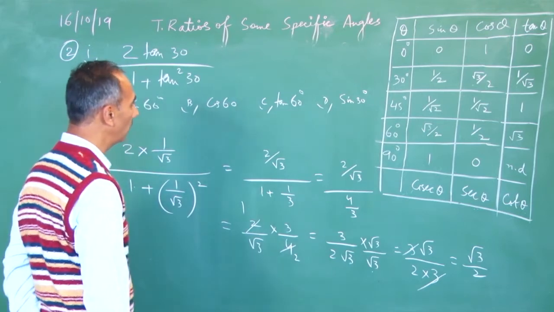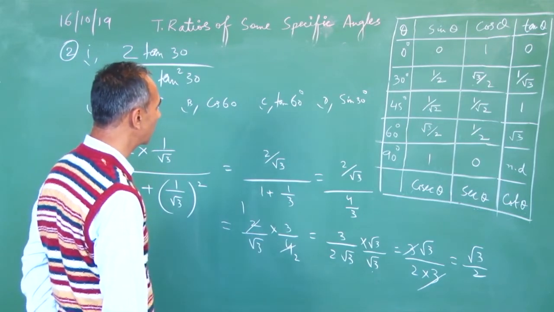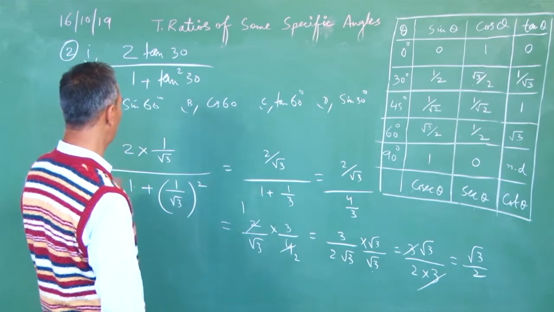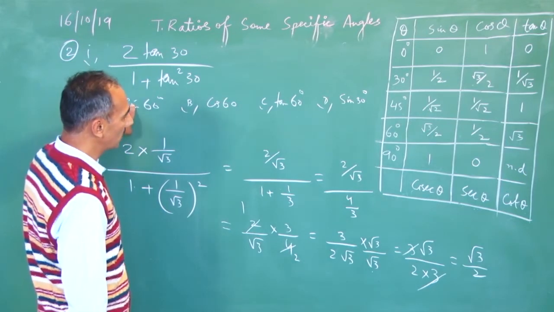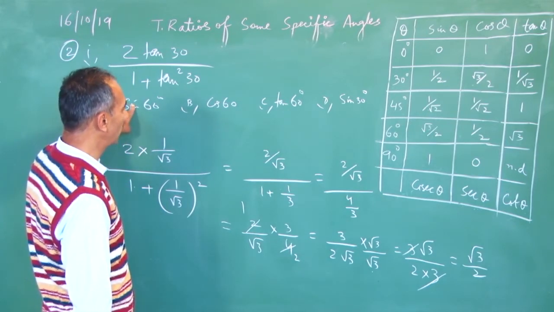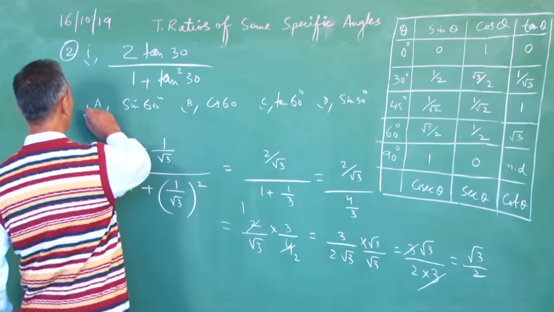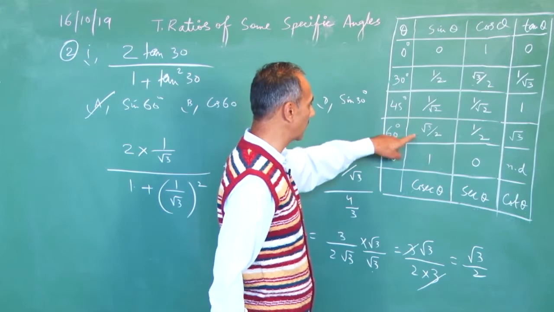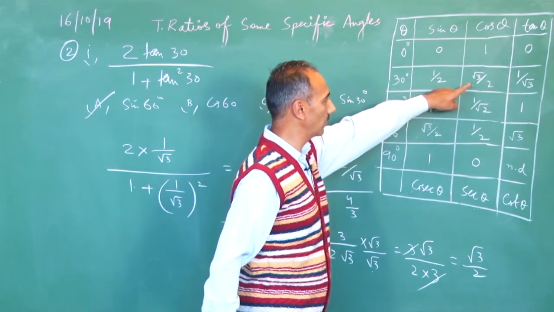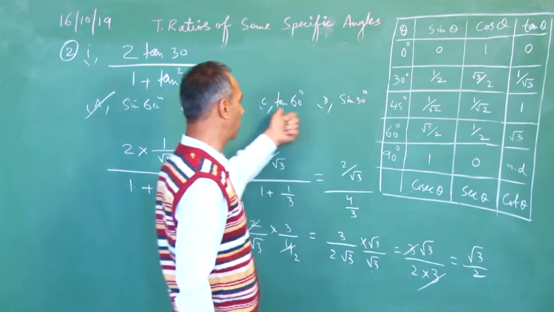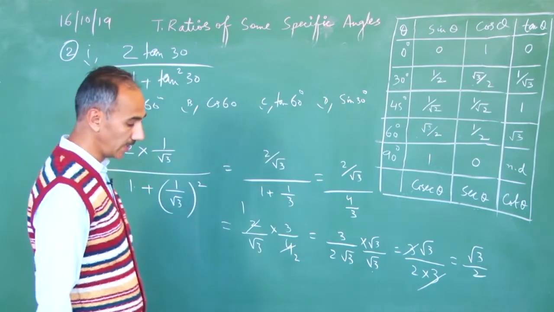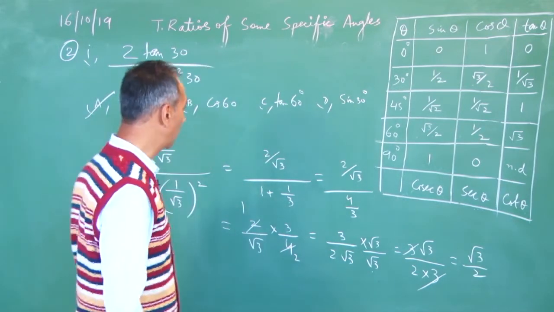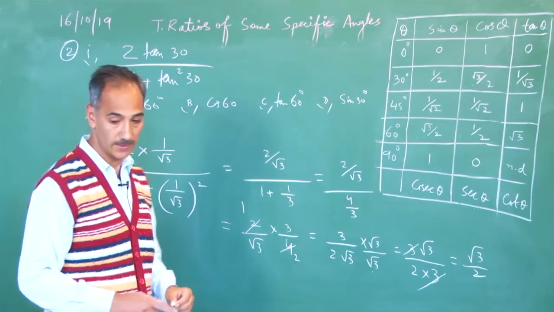So root 3 upon 2, if you observe, that is sin 60 as well as cos 30. But cos 30 is not given, so the correct answer is sin 60. Observe, root 3 by 2 is for sin 60. In terms of cos, it's for cos 30, but cos 30 is not an option given. So sin 60 is the correct answer as far as this sum was concerned.